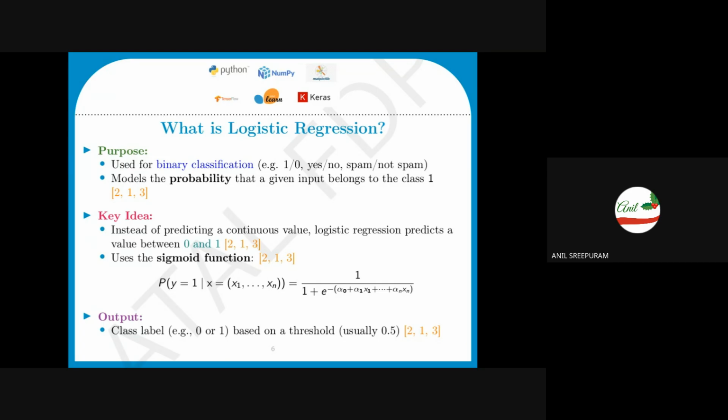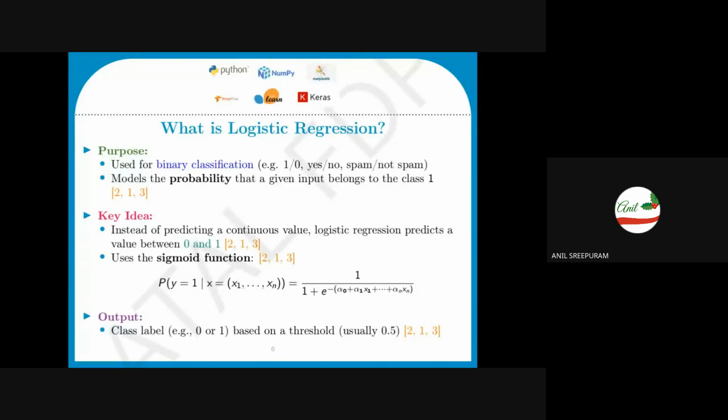And you may wonder why such a function. I have written a function called the sigmoid function for the probability that y is 1, given the features x1 to xn. In the logistic regression model, this probability is calculated using a rather complex formula: 1 by 1 plus e power minus (alpha 0 plus alpha 1 x1 plus alpha 2 x2, etc.).